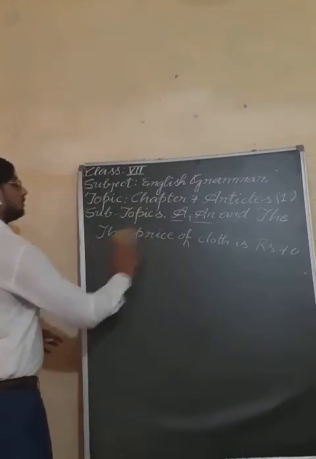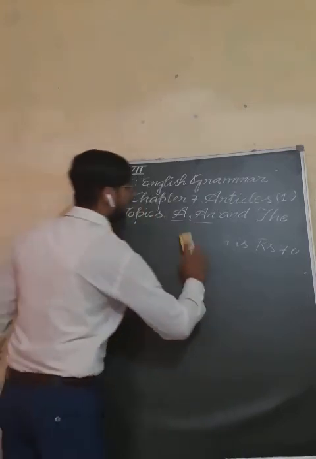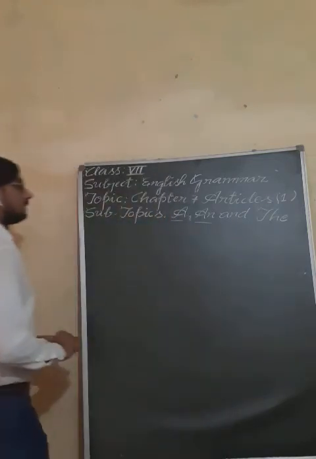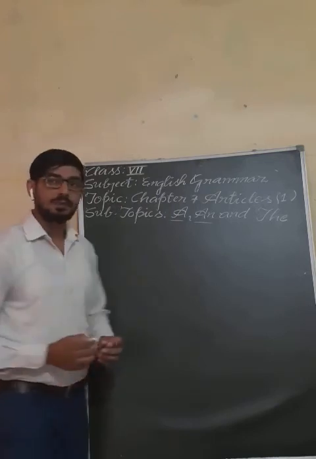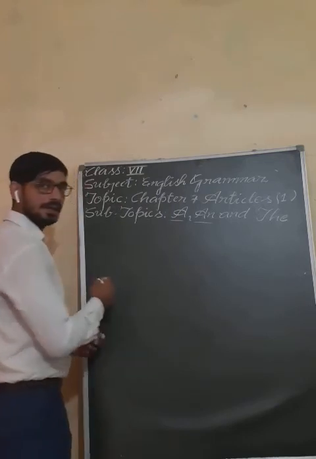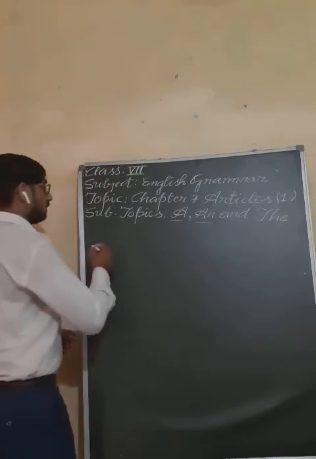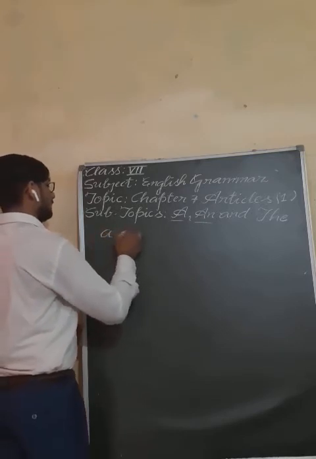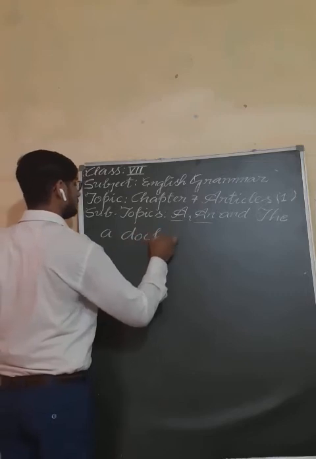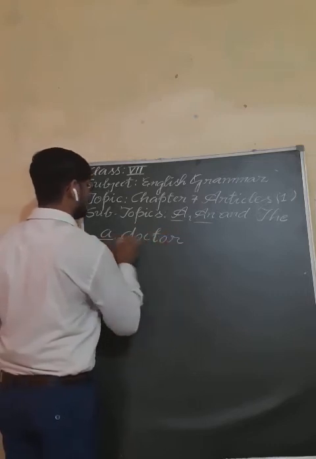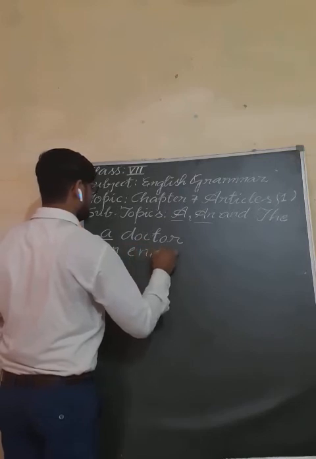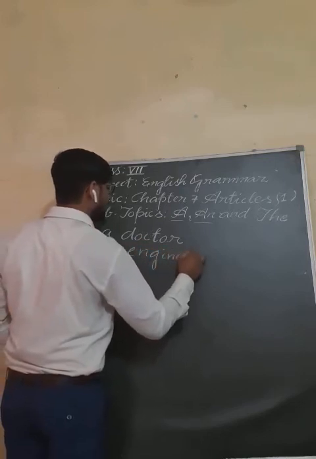You can also use a and an for saying, telling about the person's profession. Suppose that you are writing here person's profession. You are writing doctor, this is the profession, and engineer.